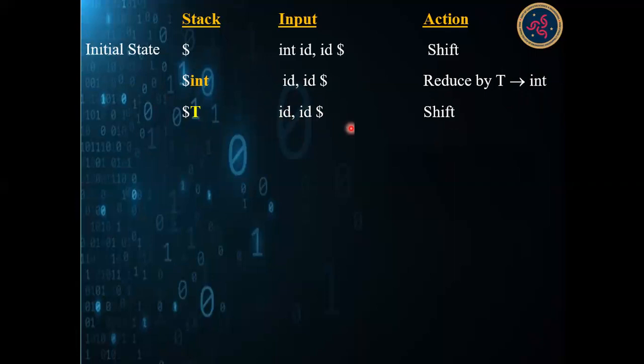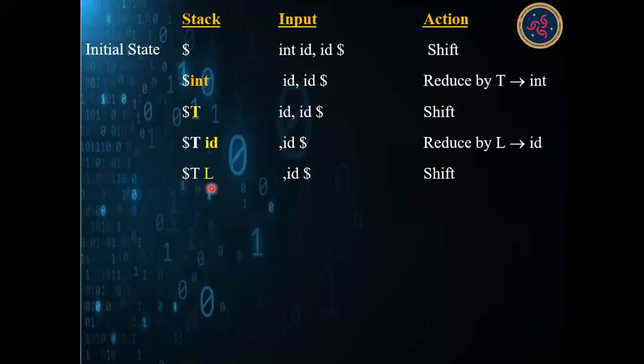Okay, now again we can do a shift operation, that is id is moved to the stack. So here we will have T and id. Again we have a production, that is L gives id. By applying this rule, instead of id, we can have L. So id is replaced by L, and here T L will be there.